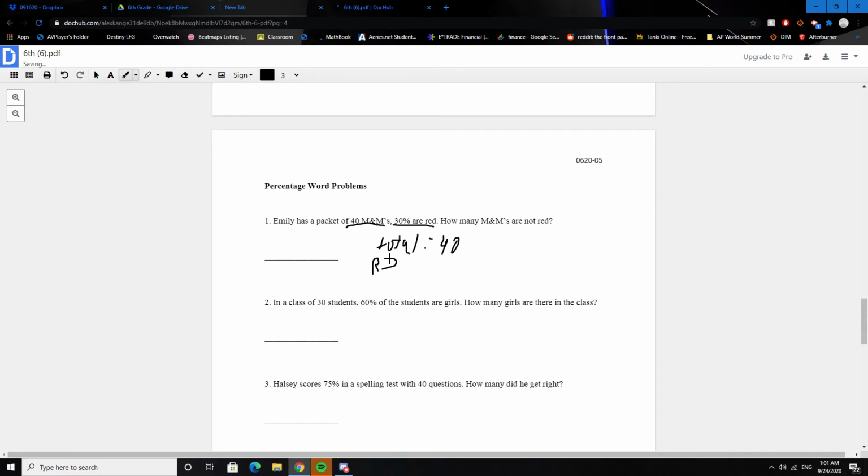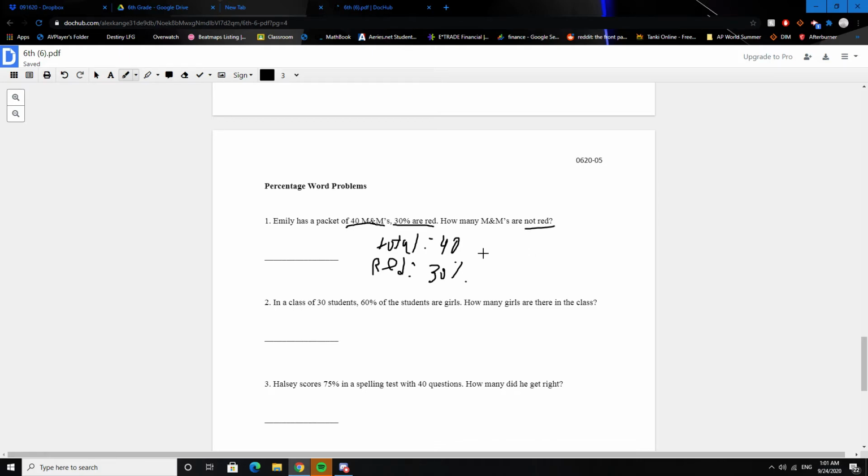Red is 30%. They're telling you how much percentage of red there is, but they're asking for what's not red. So I'm going to assume that everything else is not red.